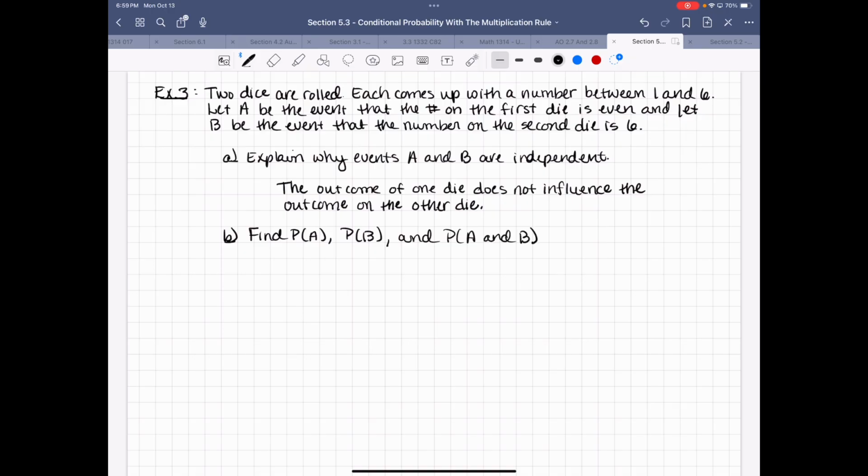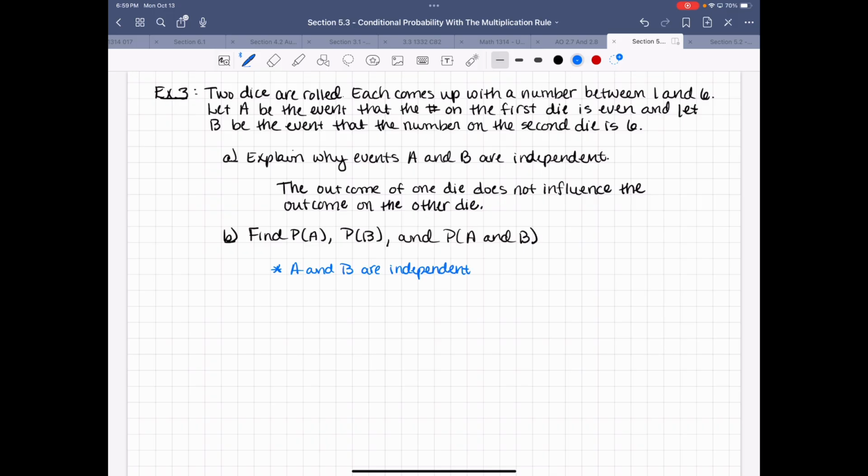Okay? The first thing that I'm going to do is note that these events, A and B, are independent.